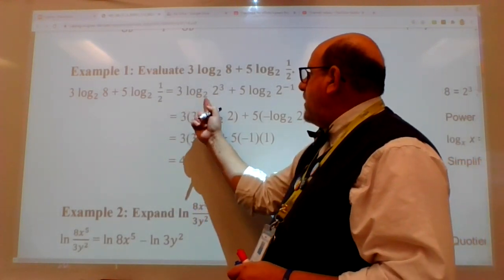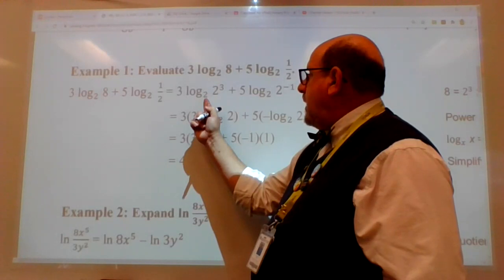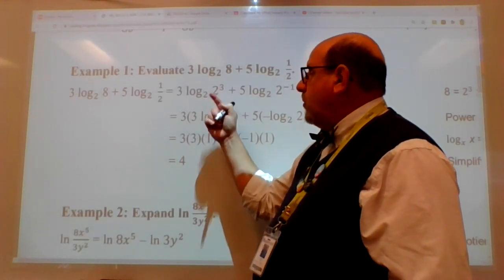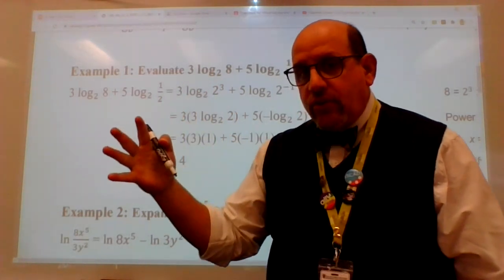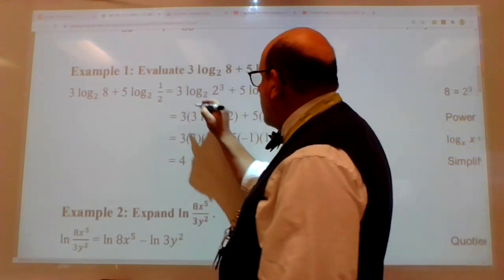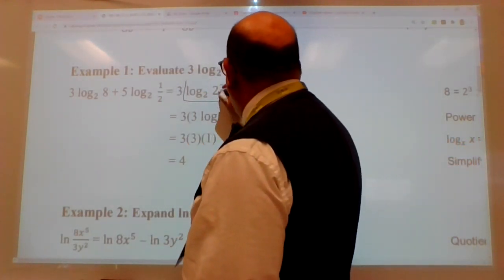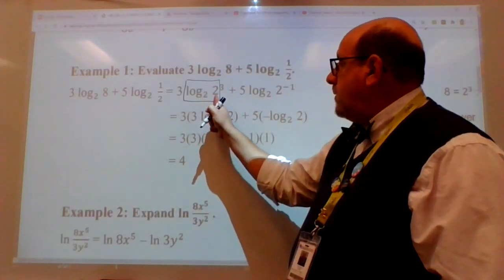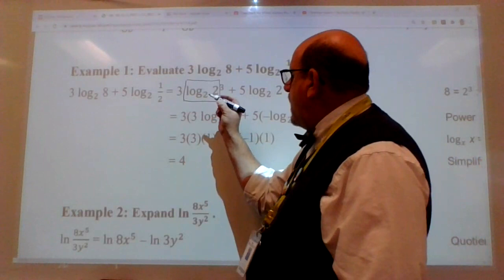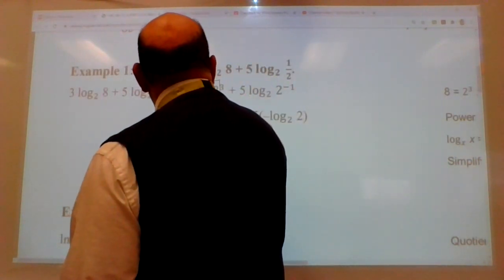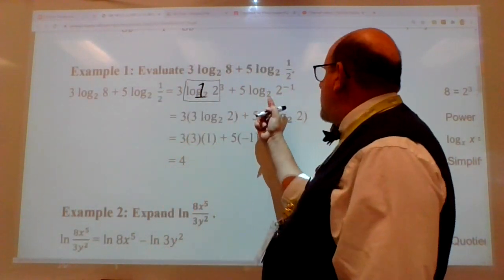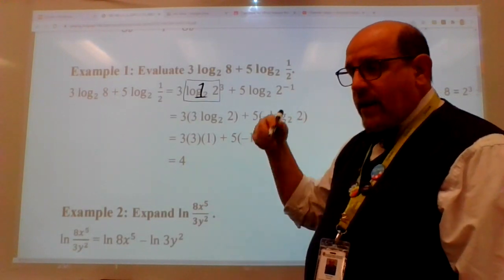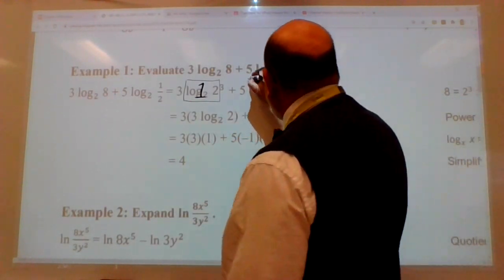Anytime you have a log base 2 of 2, even if it's 2 to some power, this log base 2 of 2, right? This just becomes 1. Right? So anytime your base is the same as this value right here, that just becomes 1.